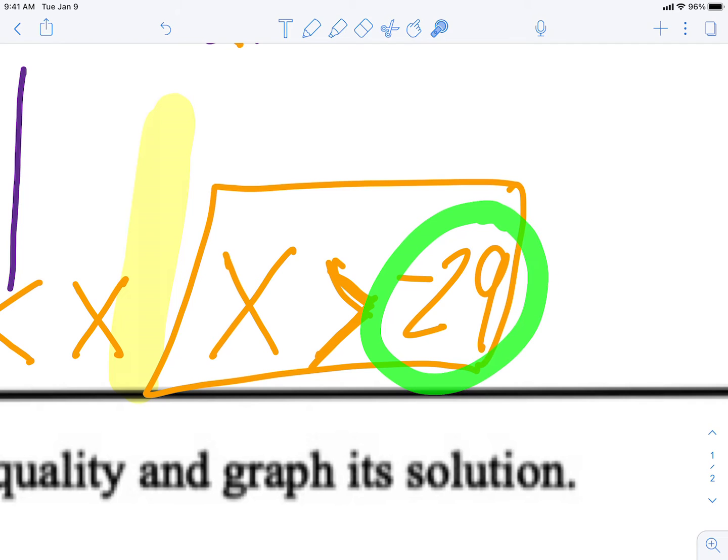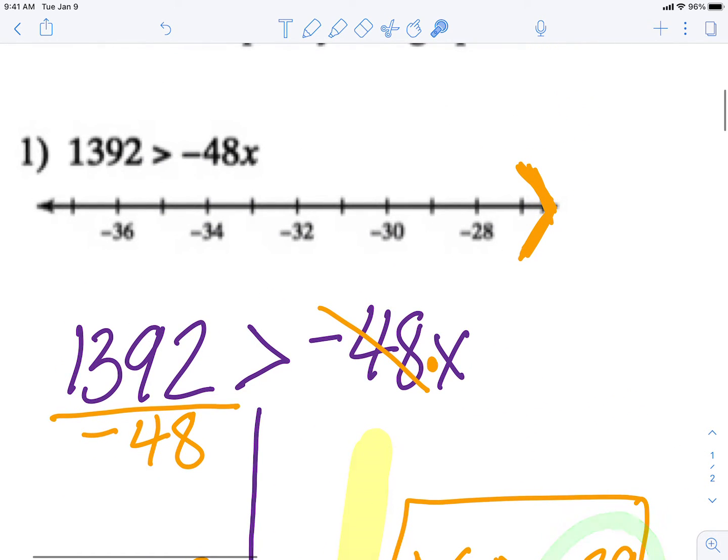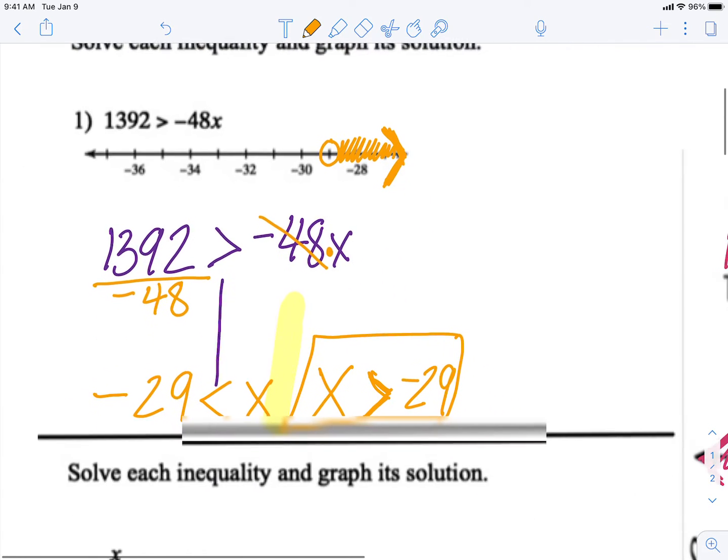So where is -29 here? I don't see it. I see -28. I see -30. Well, -29 is right in between -28 and -30. So this is where my open circle goes, and I shade to the right.